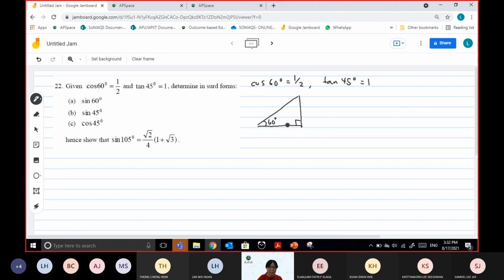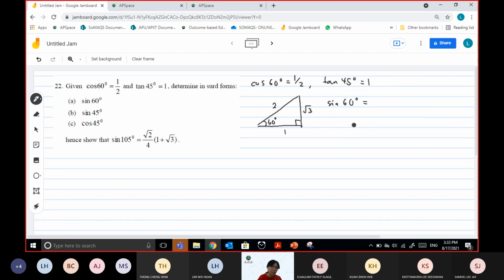Cos 60 means adjacent divided by the hypotenuse. Then we can find the value here will be the square root of 2 squared minus 1, which is square root of 3, using the theorem of Pythagoras to find this side. Then from here we can find sine 60.